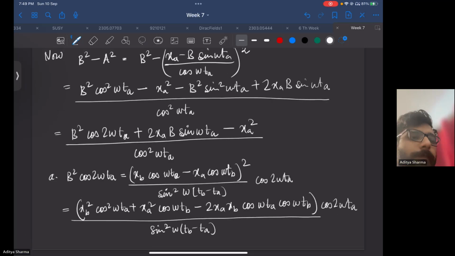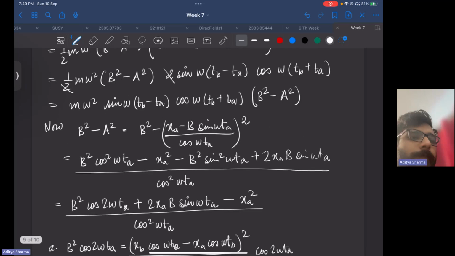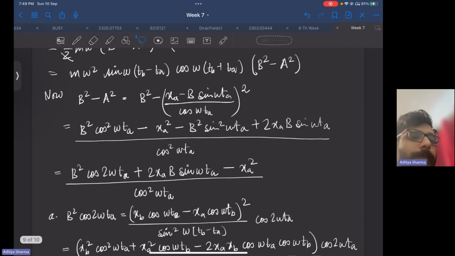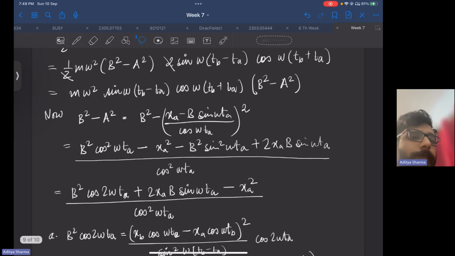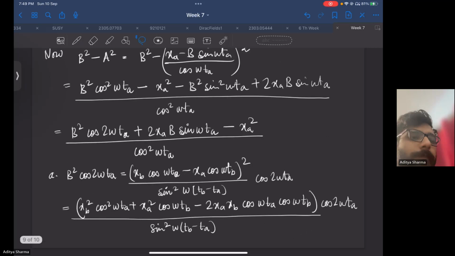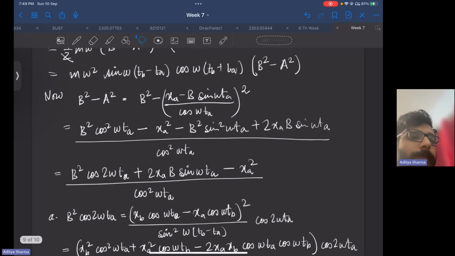Therefore, what we are going to have is 2xb. Okay, so better not do this. It's not the right way to do it. We should see some other structure.